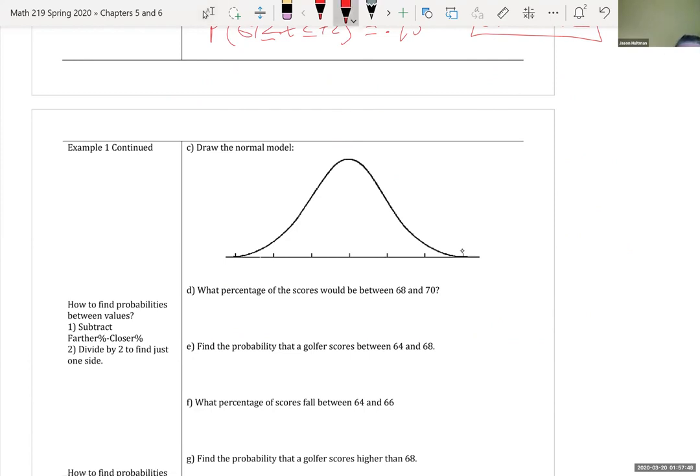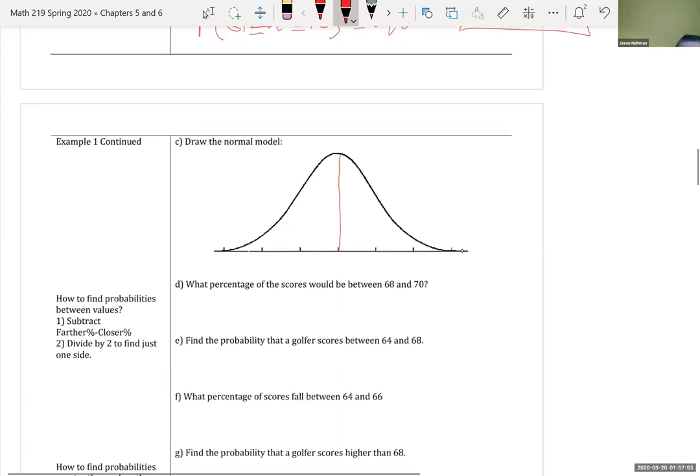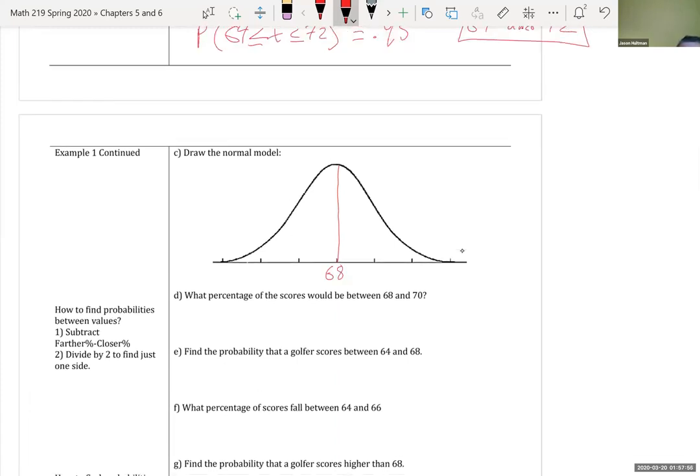This is going to be 68, this is 70, this is 72, and this basically is 74. This is going to be 66, 64, and 62.